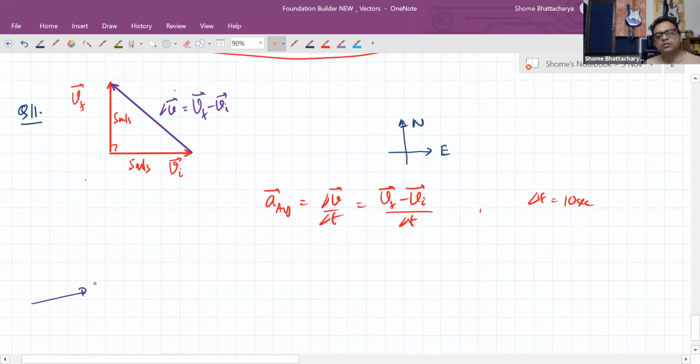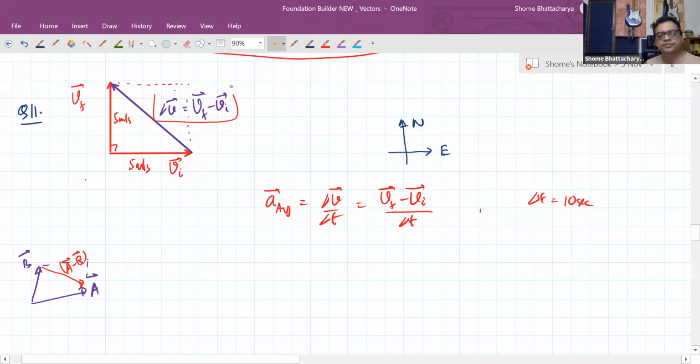When we draw a vector parallelogram like this, remember this represents head of B to head of A represents A minus B. So like that, head of Vi to head of Vf, and this parallelogram in this case will be a square. So the diagonal going from head of one vector to the other is the difference. So if it is going from I to F, it is F minus I. If it was going from F to I, it would be I minus F. But we need this, no?